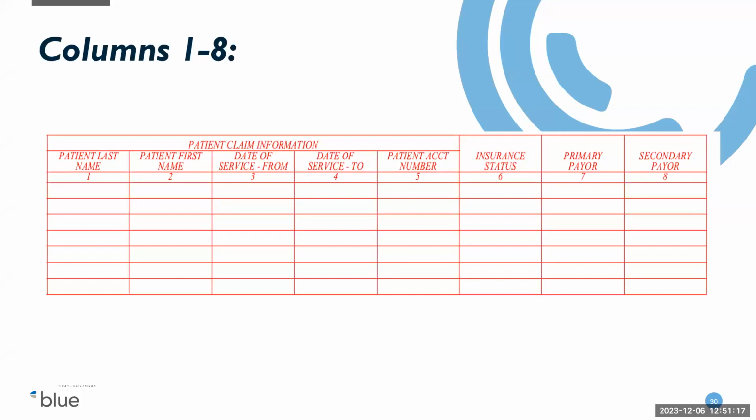And then columns 1 through 8, pretty basic. I think all these are pretty self-explanatory. The one change would be that, similar to the charity, you have a similar reporting mechanism on the insurance status. Instead of just saying insured, uninsured, they do have the same 1, 2, 3 category.